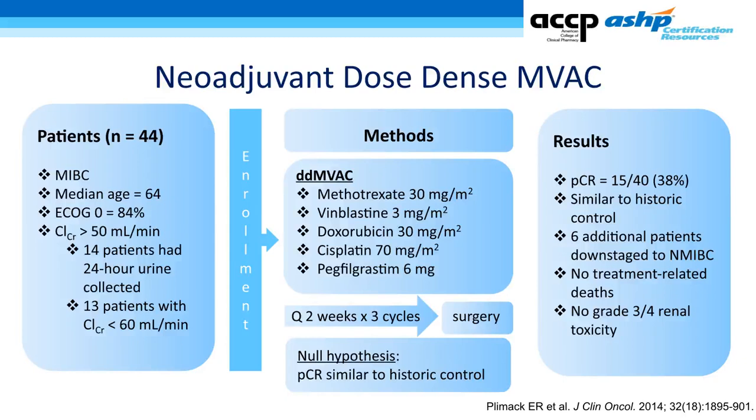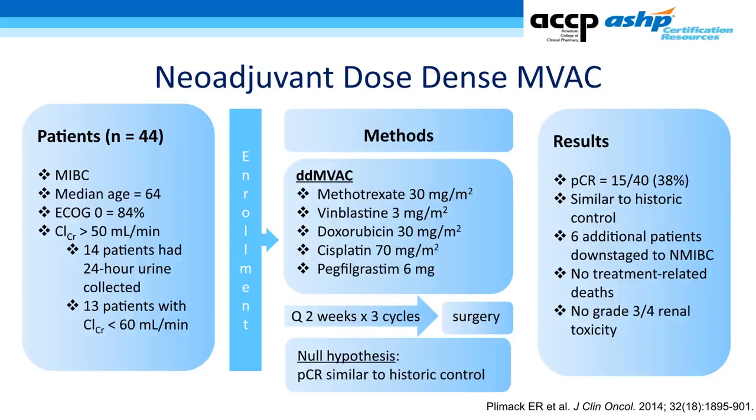So this is really a feasibility study from 2014 looking at neoadjuvant dose-dense MVAC to see if this would work. This was a study of 44 patients that had muscle-invasive bladder cancer. You can see there that the inclusion criteria were a creatinine clearance above 50. Now, there were 14 patients who did not meet that criteria initially.